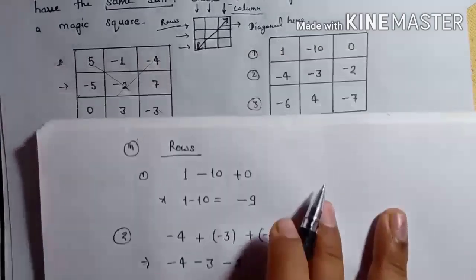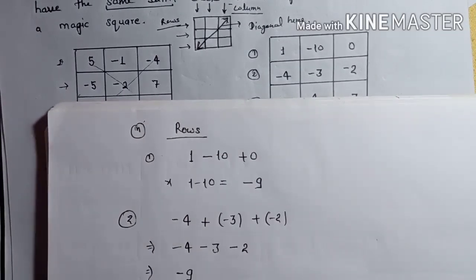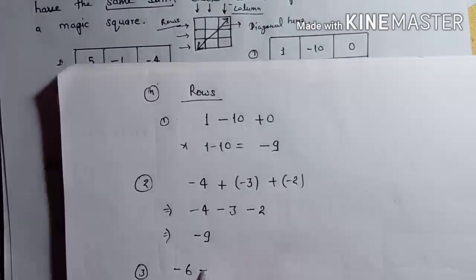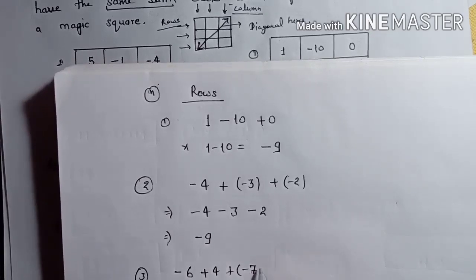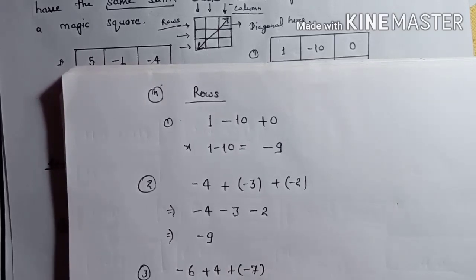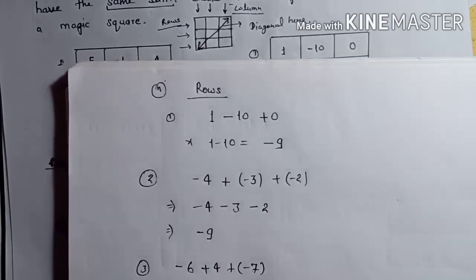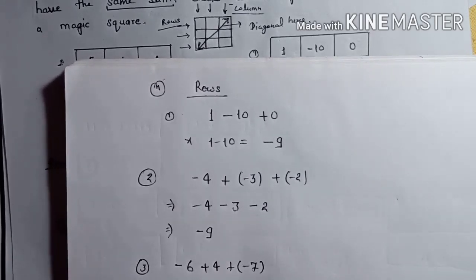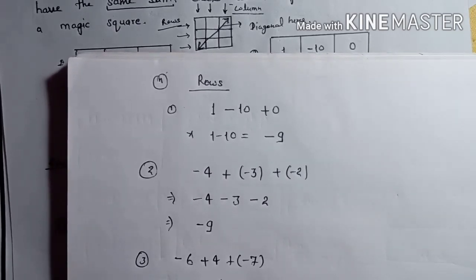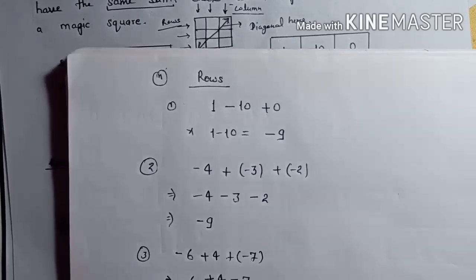Third row is -6, 4 and -7. All negative integers will be together: -6 and -7 make -13, and 4 minus 13 gives the result -9.